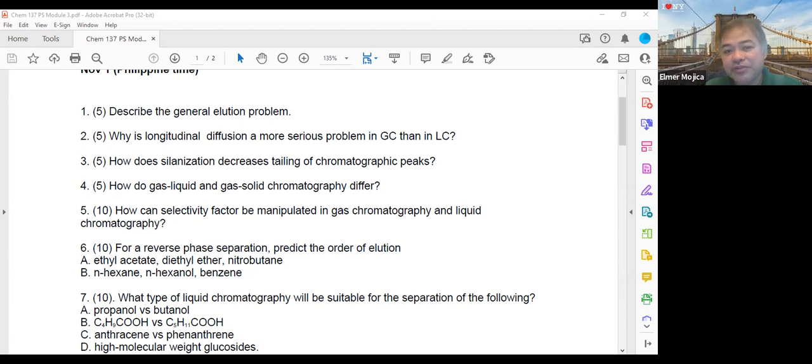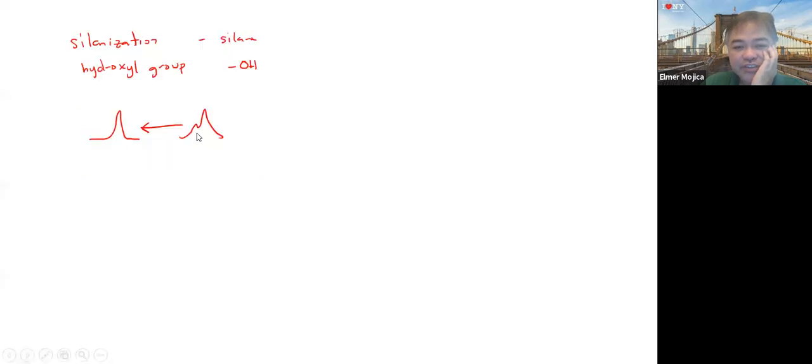So if you do silanization, most likely the peak will be symmetric because the hydroxyl group that interacts with it is no longer causing any interaction. Question? I haven't shown what the peak looks like. So this is the tailing that happens. Okay?